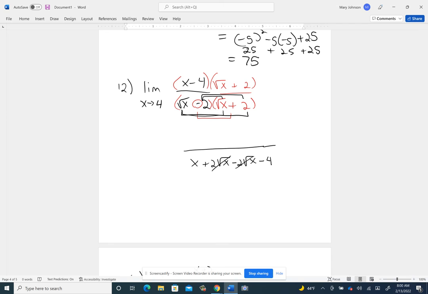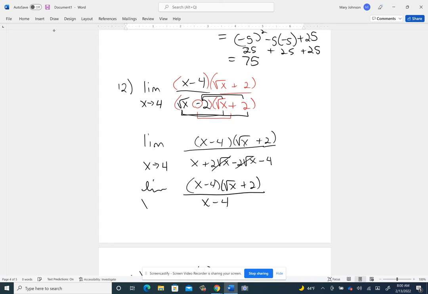Now on top, I'm going to leave it with that x minus 4 so that you can see what happens, because we had an issue when we plugged in 4 originally. But now what we have really is x minus 4 times this square root of x plus 2 on top, and we just have x minus 4 on the bottom.